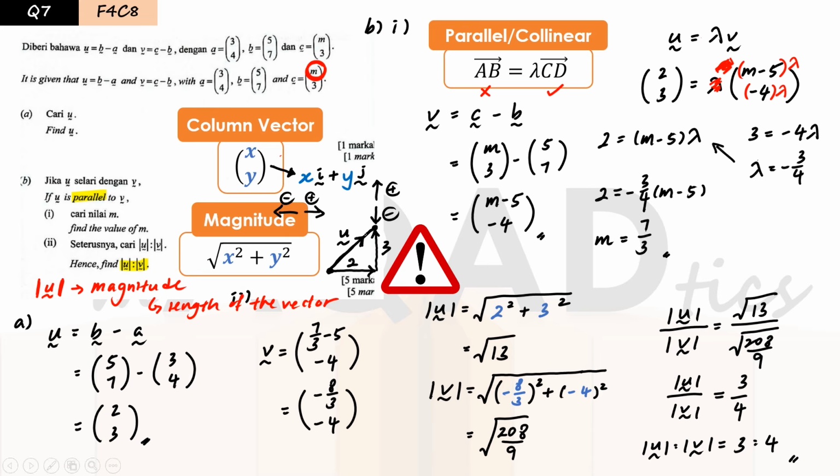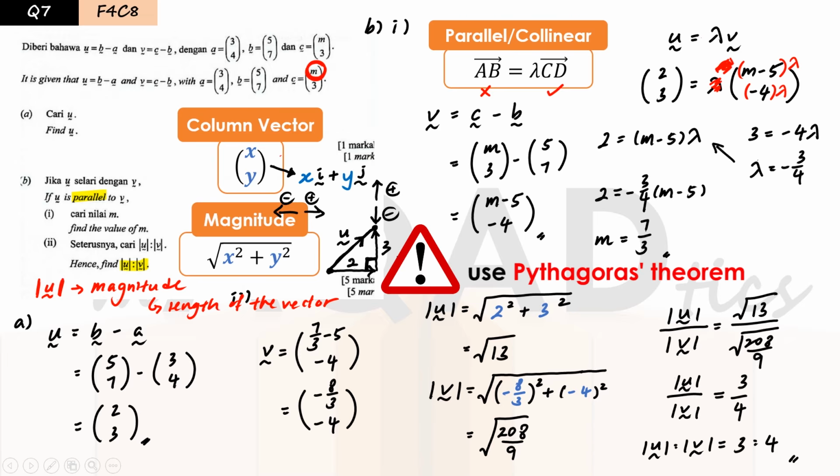Now if you see, when we combine these 3 lines here, it is actually a right angle triangle. As we know from the previous question, if we want to find the length of one of the sides of a right angle triangle, we use Pythagoras theorem.